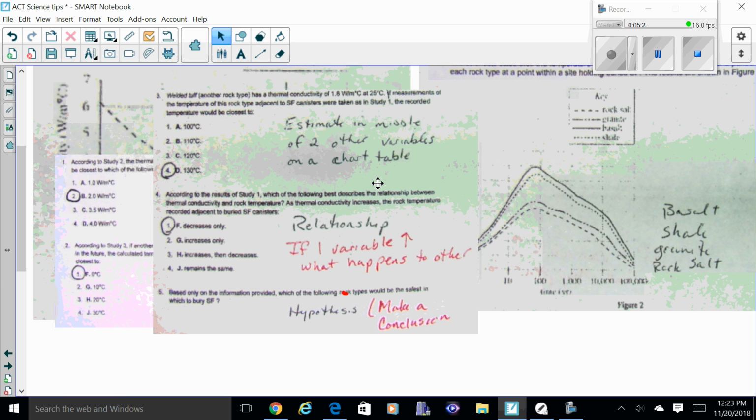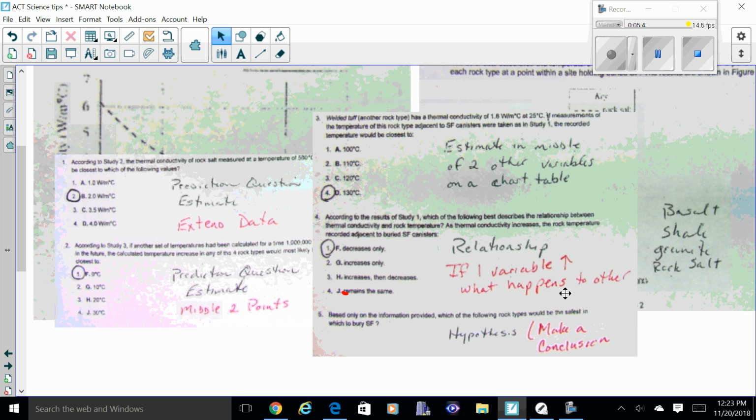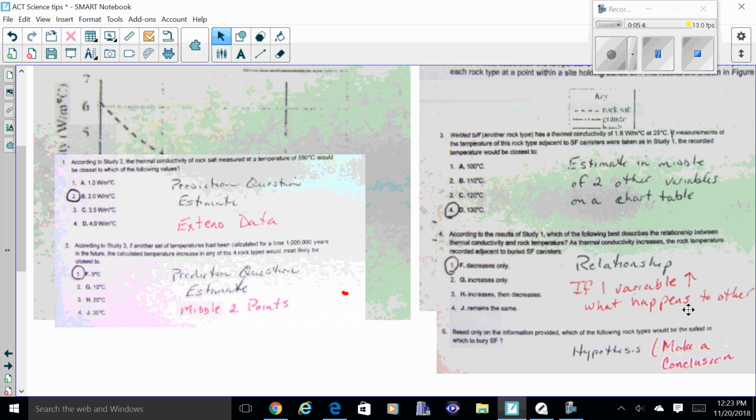If the temperature of this rock type adjacent to the SF canisters were taken in study 1, the recorded temperature would be. I have no clue what SF canisters and all that stuff is, and so I'm just going to look at these numbers. So 1.8, if I look at study 1 on 1.8. I got to go find out where study 1 is and move all this stuff out of the way here.